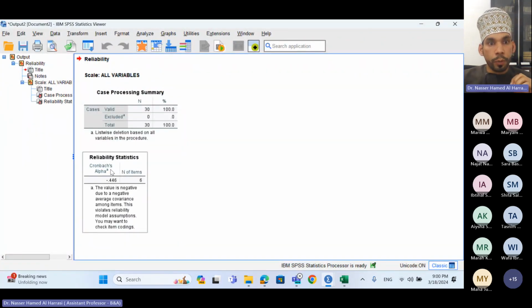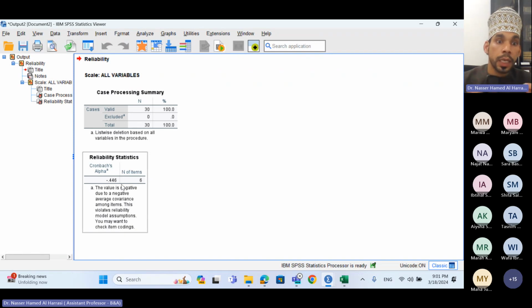Now, see from the result here, Cronbach alpha is minus 0.446. What does that mean? It is less than 0.7. Now, the result of the reliability statistic must be more than 0.7.